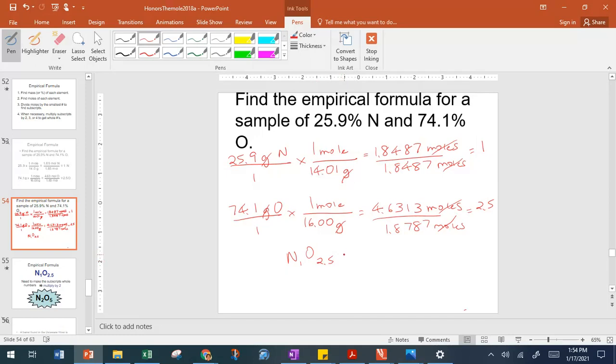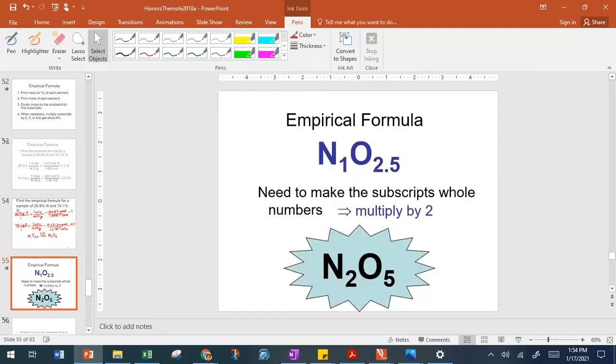So we're going to multiply each of those subscripts by 2 to get N2O5. Okay, so now we have a ratio of whole numbers, and for every 5 moles of oxygen, there's 2 moles of nitrogen. So one thing to remember is, like we said, you need to make the subscripts whole numbers. In this case, we multiply by 2, and that's what we just did.